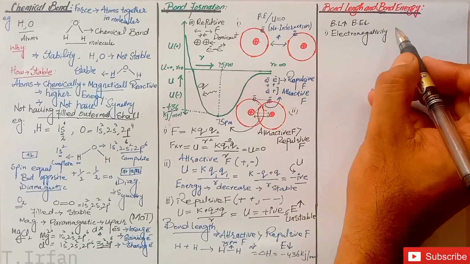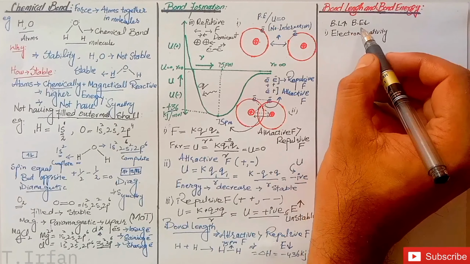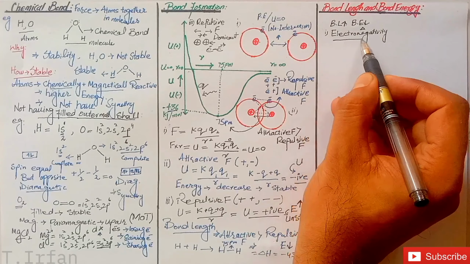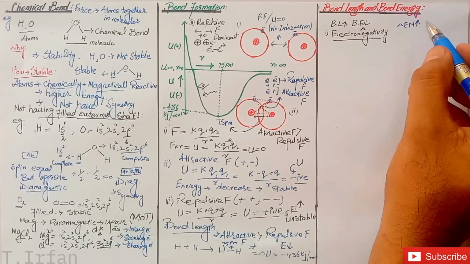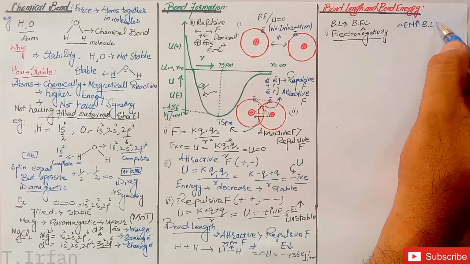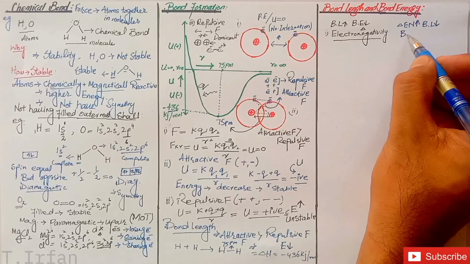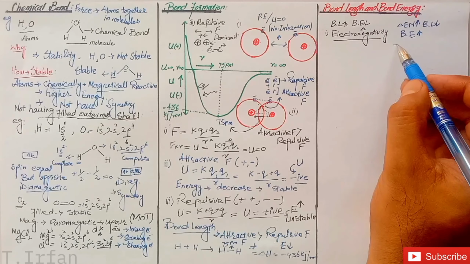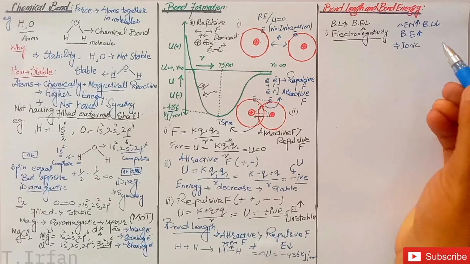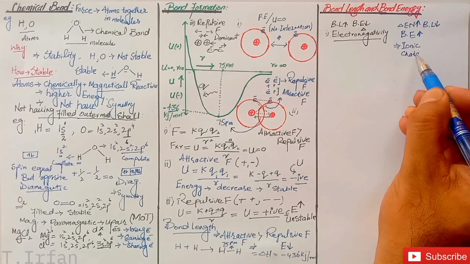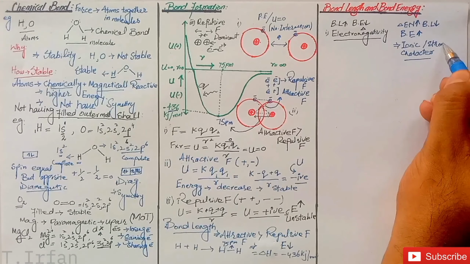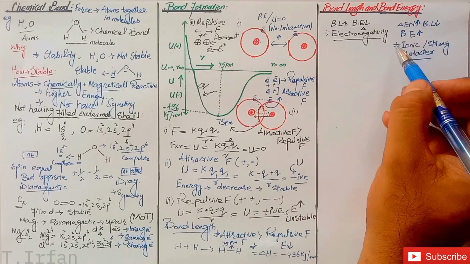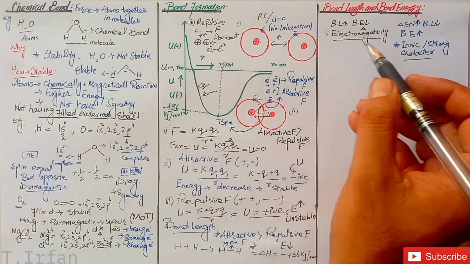When the electronegativity difference between atoms is higher, the bond length will be lower and bond energy will be higher. And as the electronegativity difference increases between atoms, this increases the ionic character. And as the ionic character increases, the bond energy or stability of the bond increases and bond length decreases.